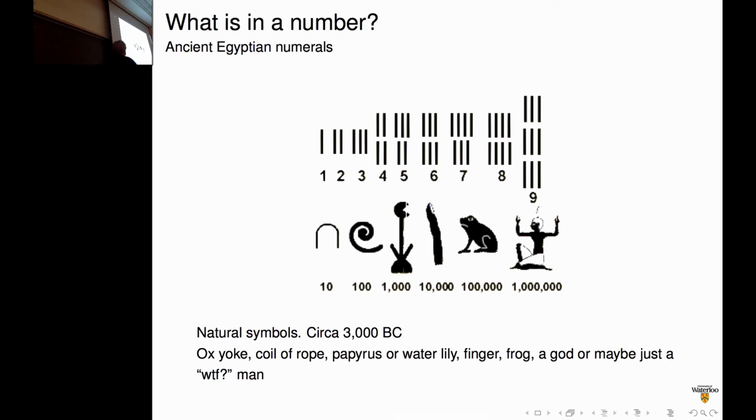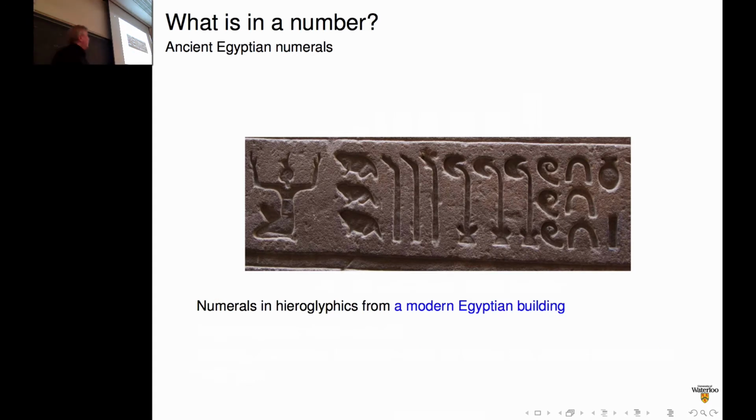That's hard to imagine. And you see this in the hieroglyphics, and this is from a modern Egyptian building. But you can see, WTF, that's 1,000,000, 300,000, etc. 333, lots of these things. And that'll be a link to the building.